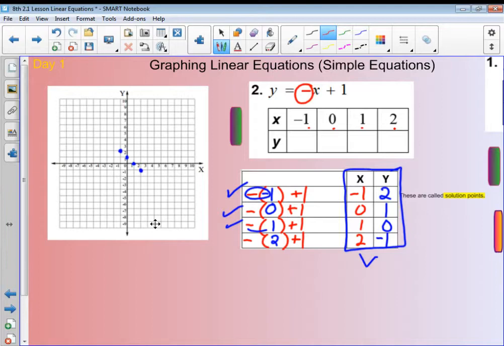Say I had accidentally plotted these two backwards: over to negative 1 up to positive 2 would put me right back over that dot. That doesn't make sense. Or say I had misssolved this as a positive 2 plus 1 and gotten a 3, and did over to 2 up to 3. You would see that doesn't fall on my line, so I must have done something incorrectly.